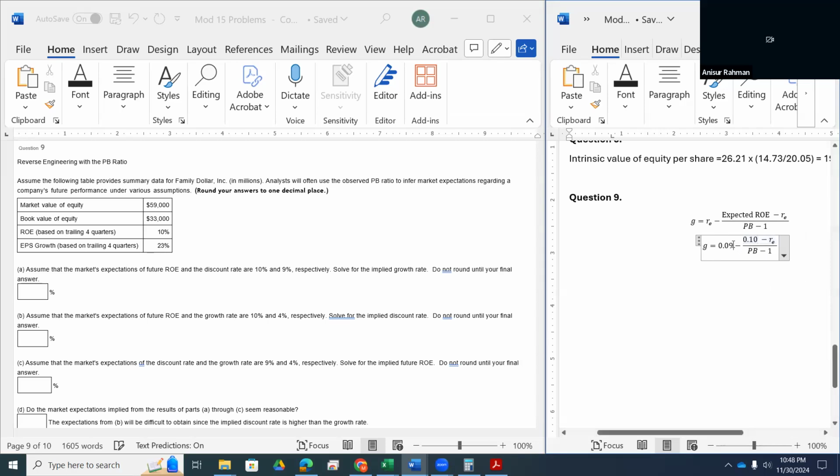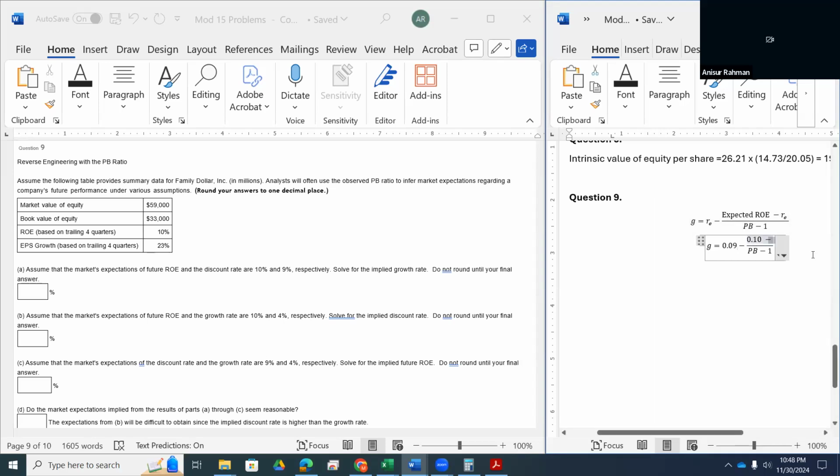Our RE is the discount rate, which is 9%. Now we are good. Then our ROE is 10%.